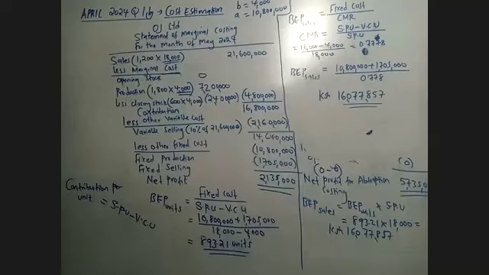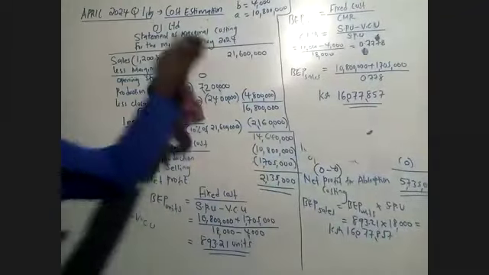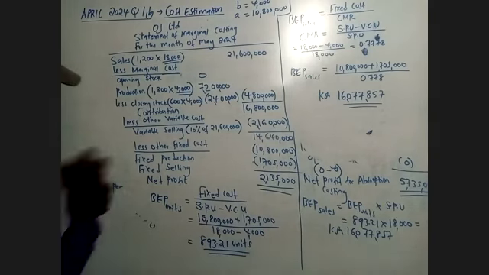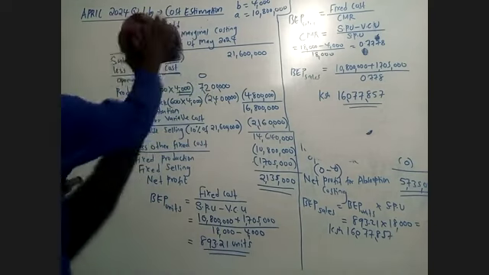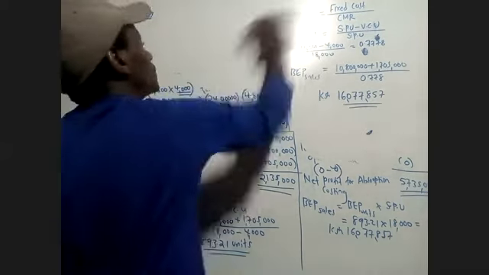Maybe in the next class we do the secondary method. For now, let us do the primary method, the overhead analysis sheet. So if you haven't written, make sure you screenshot because I'm going to rub it.